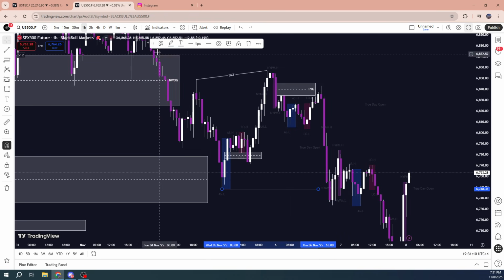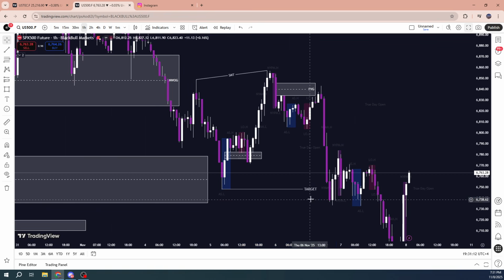The Asia low that never was taken out. This is liquidity. This is the Asia low. We are bearish because of this candle, because we disrespected the bullish PD arrays, and now you would expect price to do a bit of retracement into the point of interest and then continuation to the downside.